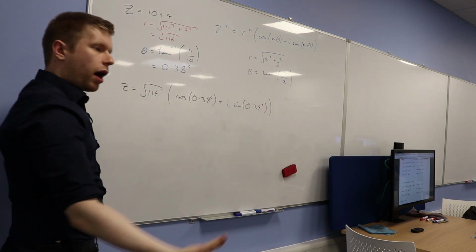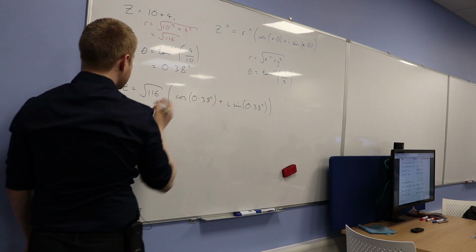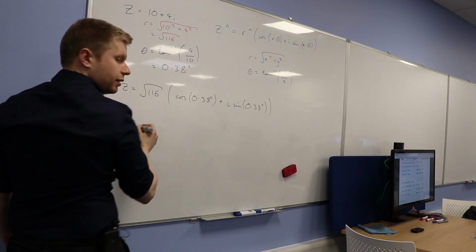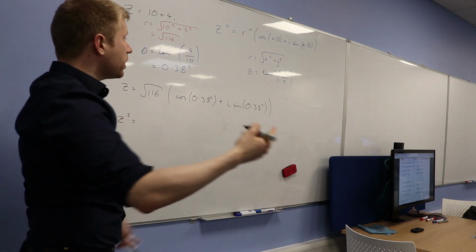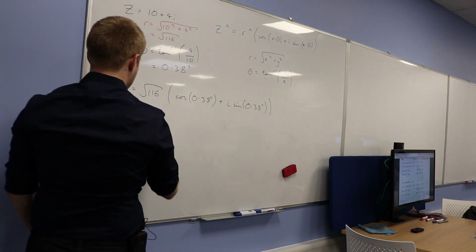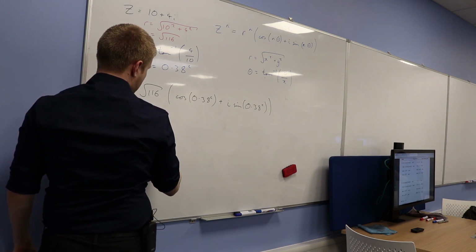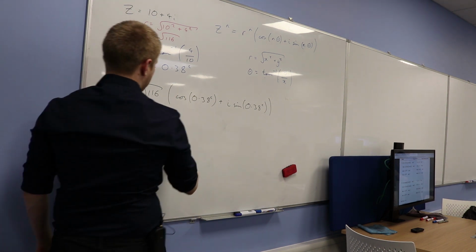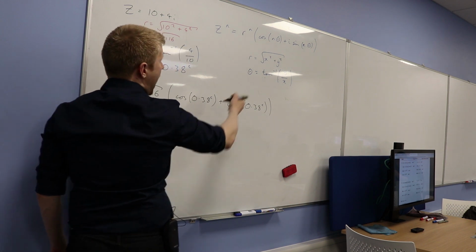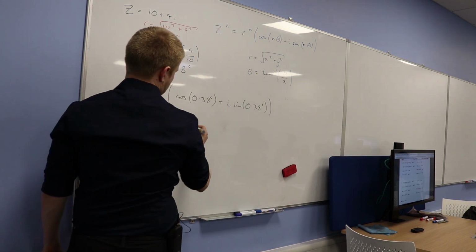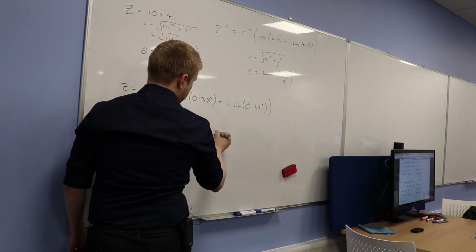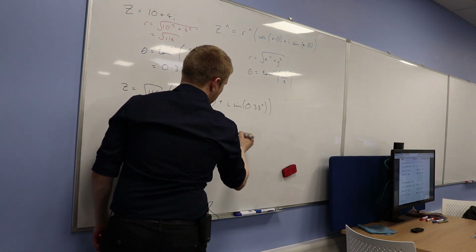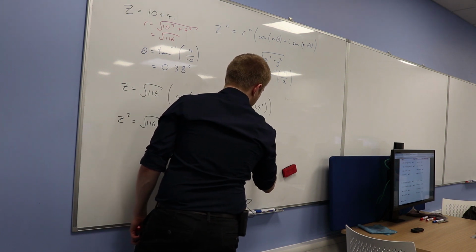Now I can apply de Moivre's theorem to this to find z squared. It tells me that I should take my modulus and raise it to the power of 2. That's literally what it says. So I should take root 116 and raise it to the power of 2. Then I do cos of n times my argument, so 2 times 0.38, plus i sin of 2 times 0.38.